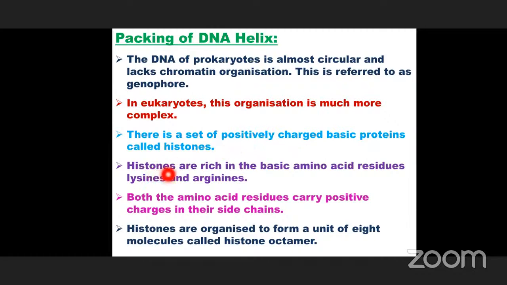Okay, and these histones are rich in basic amino acid residues. They are lysine and arginine. These two amino acids are present in the histone proteins. Is it clear? In eukaryotes, histone proteins are present, and they are basic in nature.